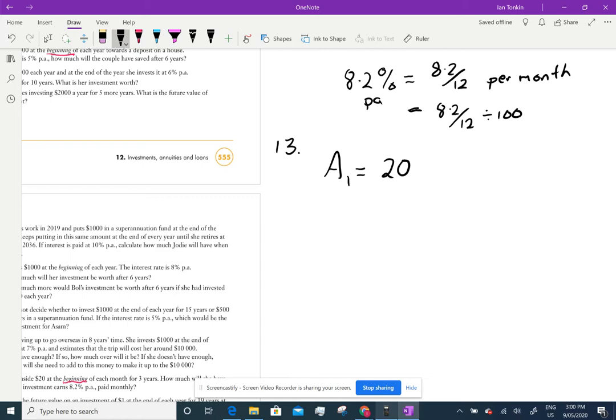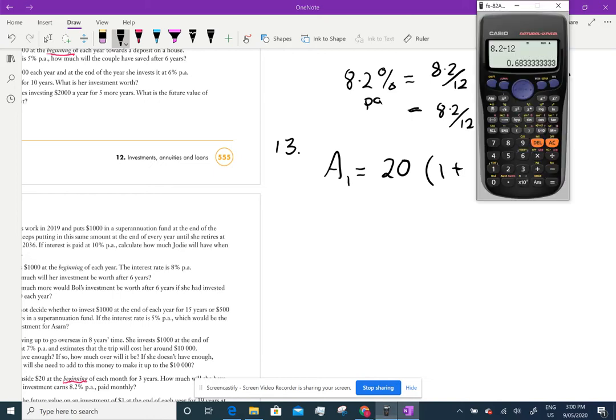All right. So after the first one, it's going to be 1 plus... Now, if I could round it, I could round that number and go 0.00683 and I get close. But come on, let's be precise.